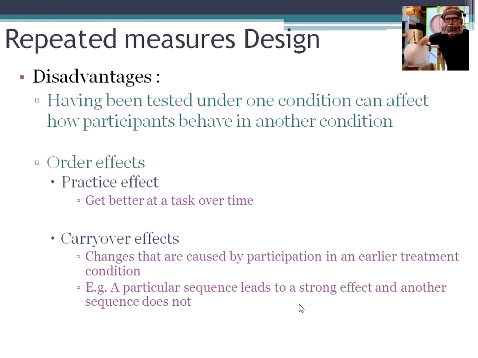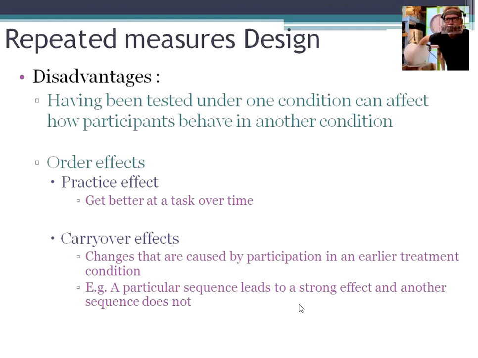This is problematic because maybe swearing is what's helping them keep their hand in the bucket longer, or it could be a practice effect. They're just getting desensitized to the ice water. They're getting used to the task. They're getting better at it. So order effects are a huge issue in repeated measures designs.